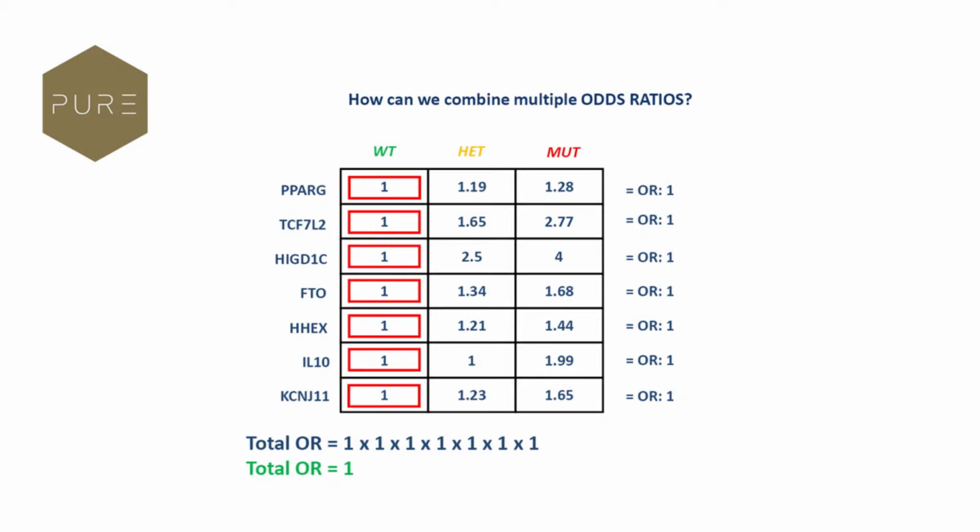And the optimal genetic result is going to have an odds ratio of 1, and the highest is going to be a multiplication of the highest risks. I have to say, this is the multiplicative model, and it applies to most diseases. And this is the standard model that scientists use to determine the overall risk. However, in some cases, scientific studies have shown that the additive model is correct.